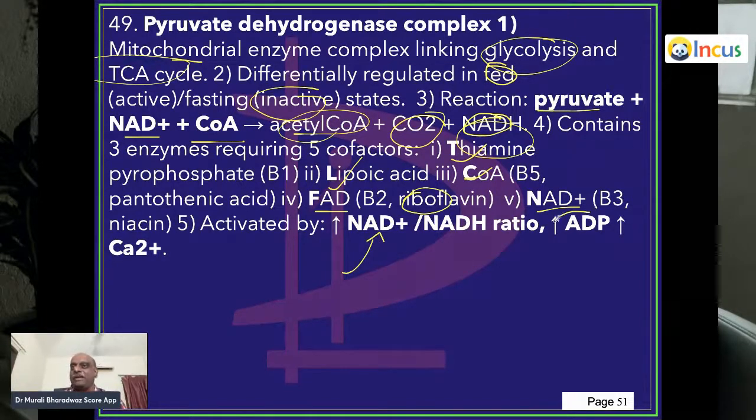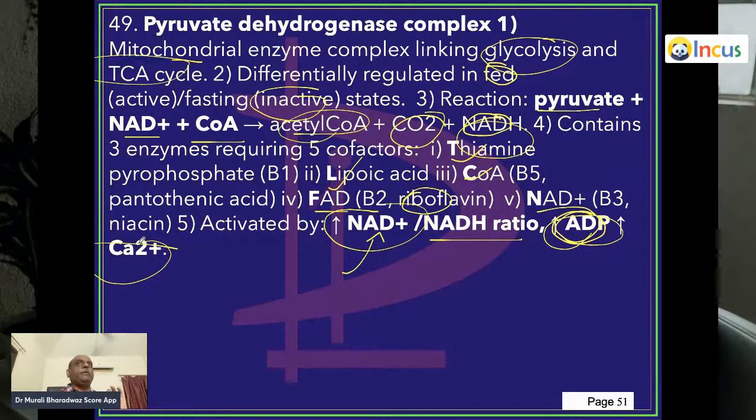If there are more ADPs, then you need more ATPs. So how do you produce ATPs? Only if you run the pyruvate dehydrogenase complex and produce NADH, and that becomes ATP, right? That's the reason a high NAD plus by NADH ratio, high ADP, high calcium will lead to the pyruvate dehydrogenase complex being stimulated, is what you need to remember.